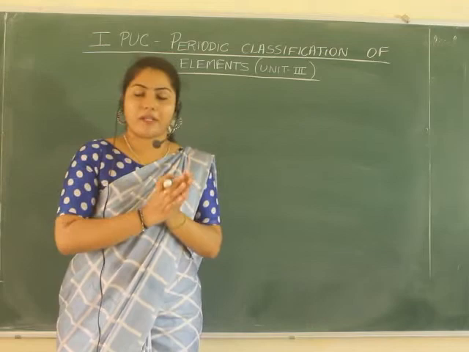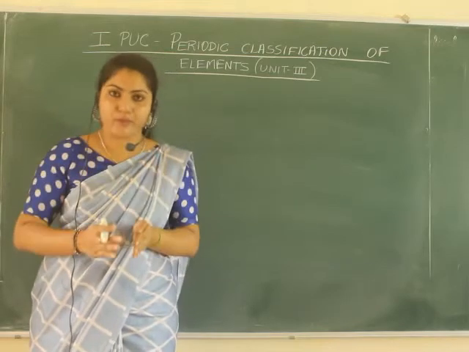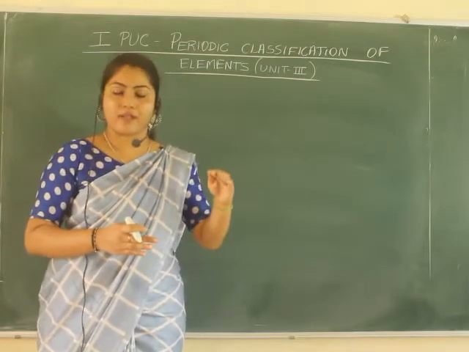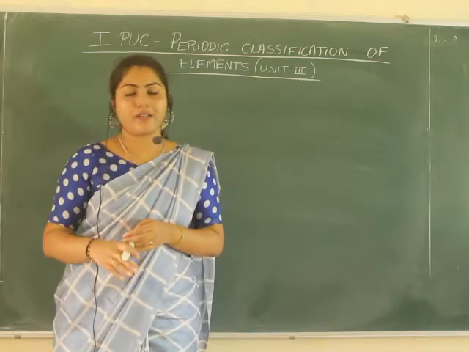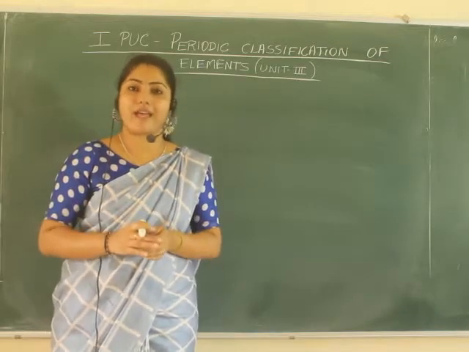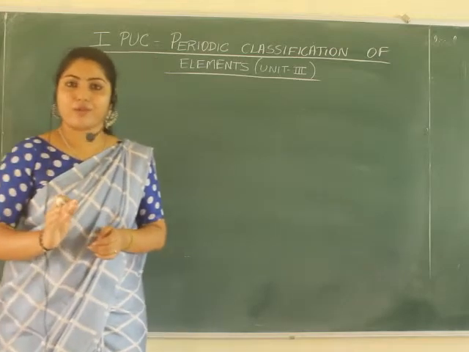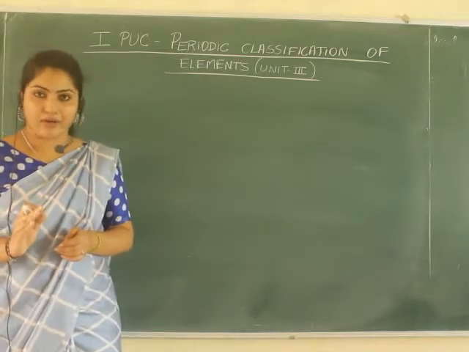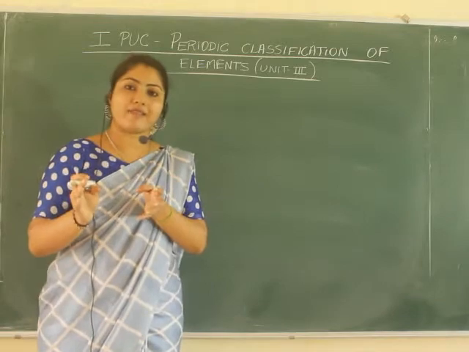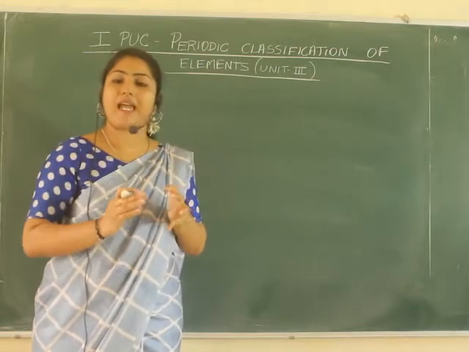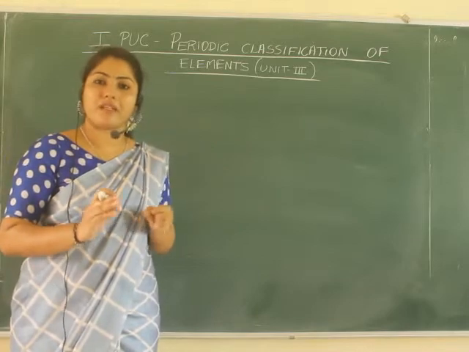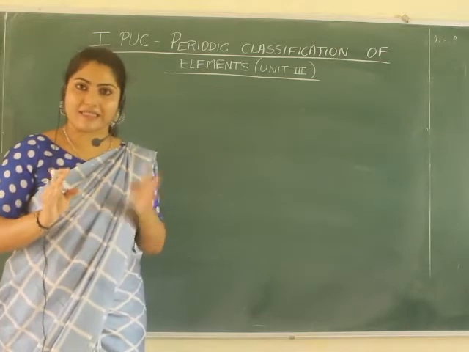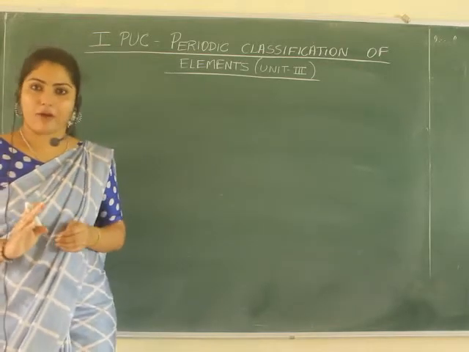You know that a periodic table has groups and periods, isn't it? The horizontal rows are called periods, the vertical columns are called groups. 18 groups, 7 periods in the periodic table, and we have classified them into S, P, D and F block elements. And you know the different properties or the main points under S, P, D and F block elements.